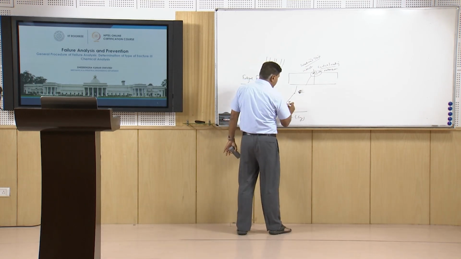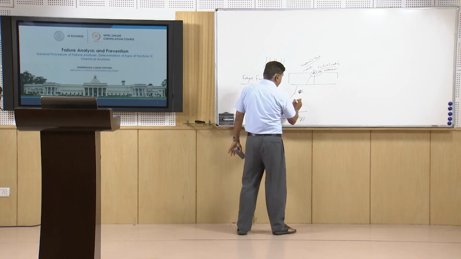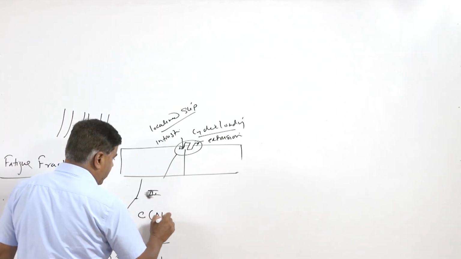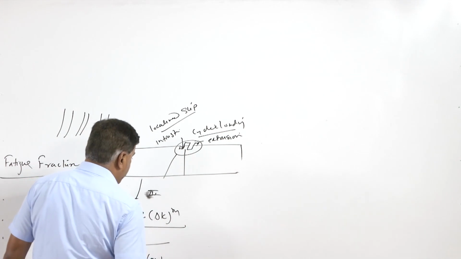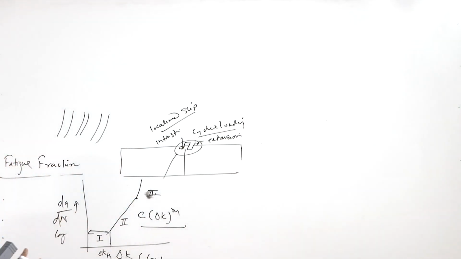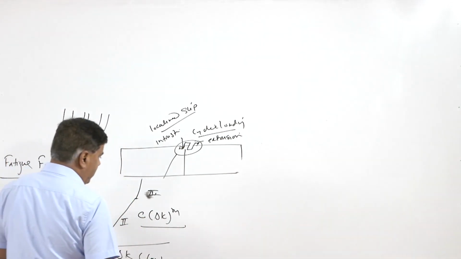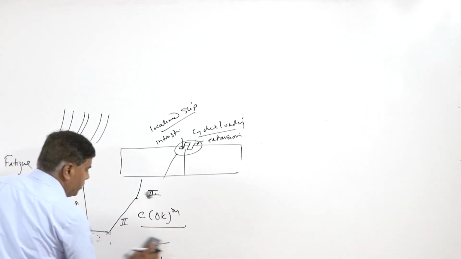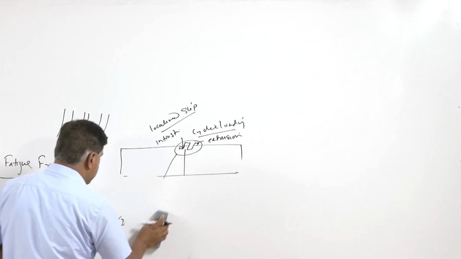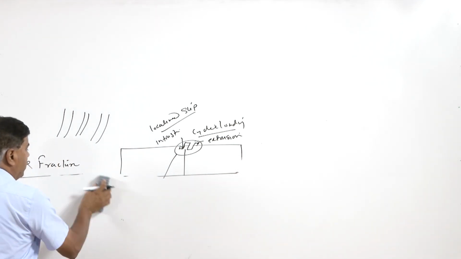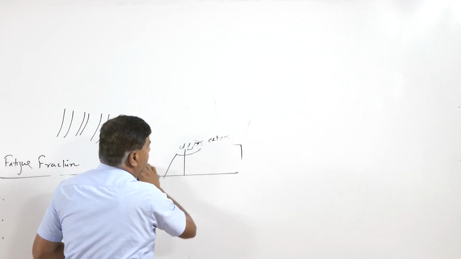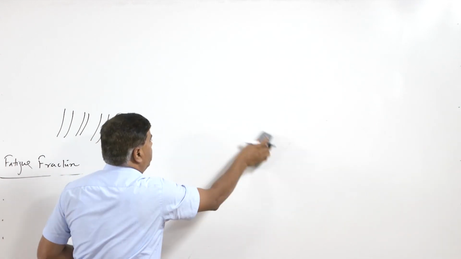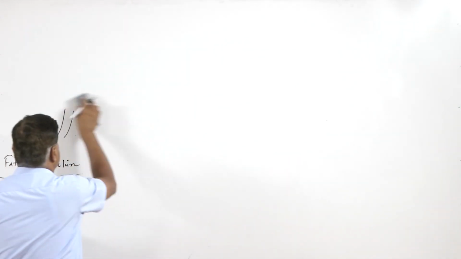The second stage corresponds to this equation, delta K raised to the power m. This is known as the power law equation for fatigue life estimation, and if we know that initially the crack size is of a given value and we know the crack growth rate, then we can estimate the life of the component which has failed.